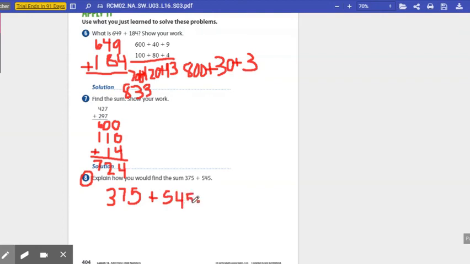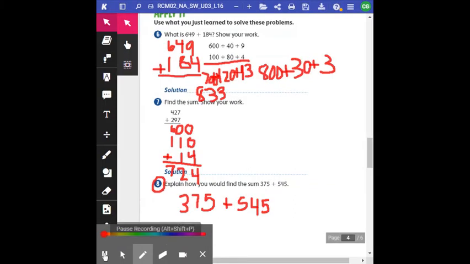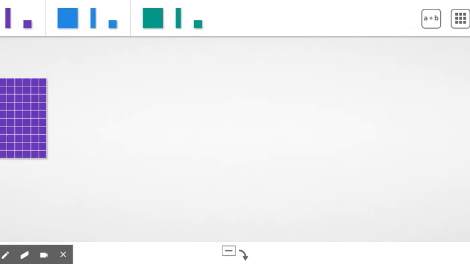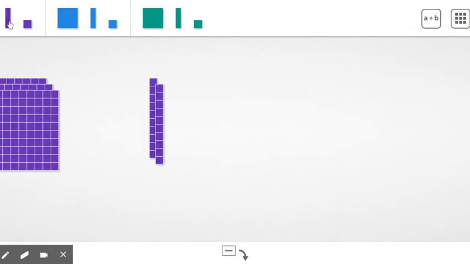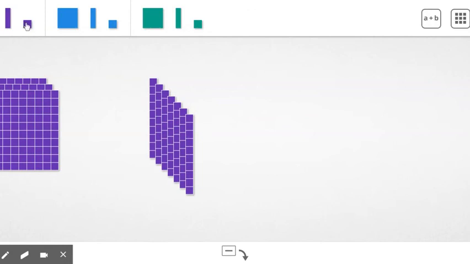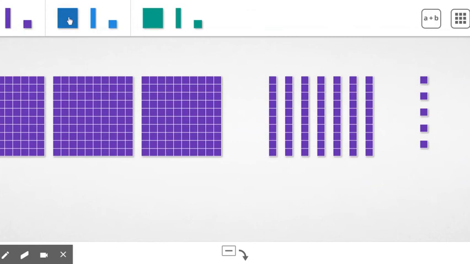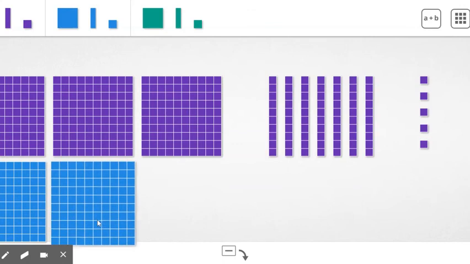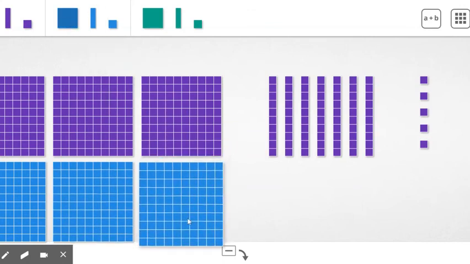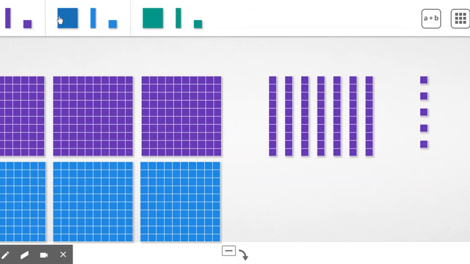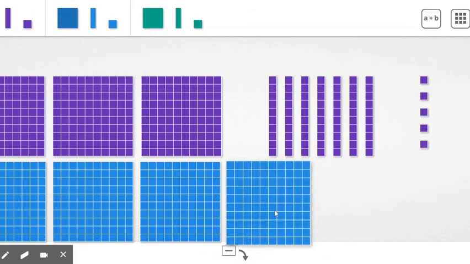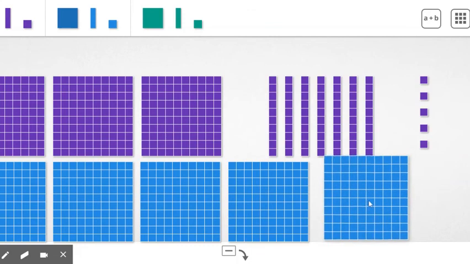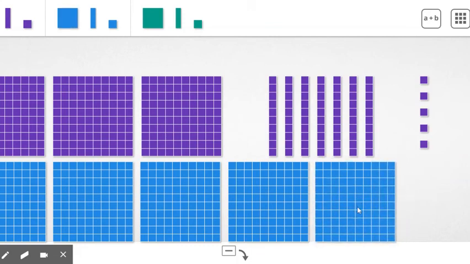We are going to use the base 10 blocks for this one. All right, so I am going to make the number 375. Now I'm going to add to that 545. So I need to add 5 hundreds.